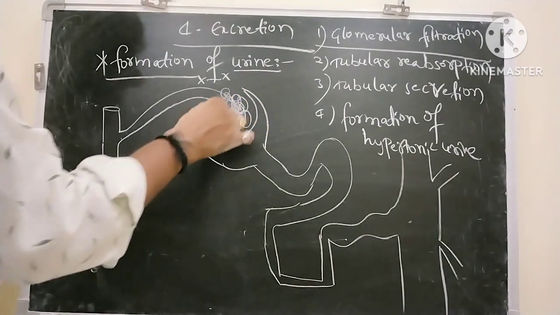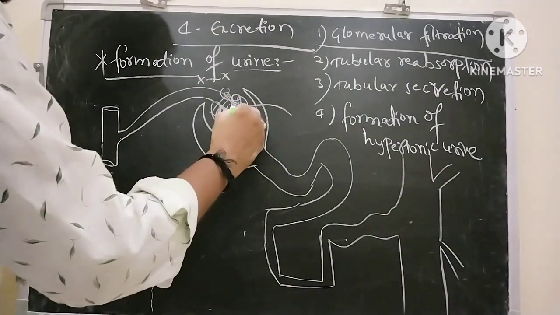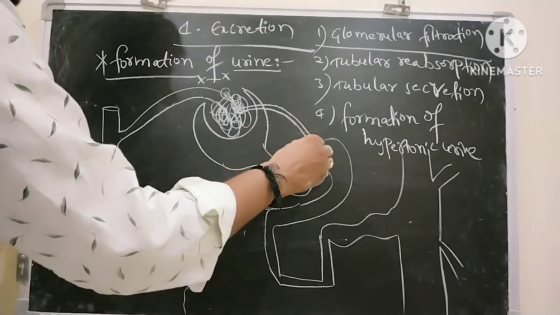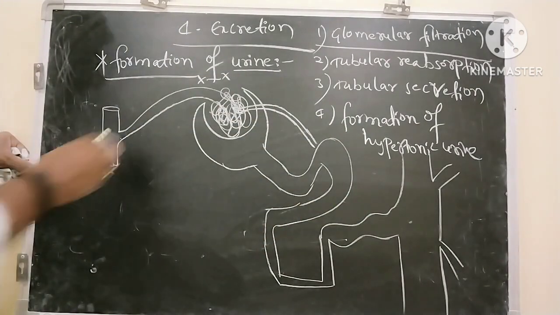This is called glomerulus. From this glomerulus, it comes out with less diameter and forms a peritubular network around the nephron.